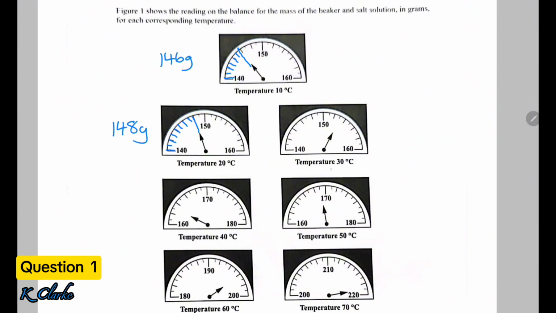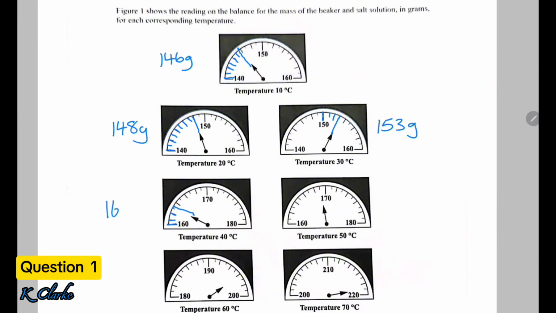Now moving along to 30 degrees Celsius. This is 150, 151, 152, 153. So that's 153 grams at 30 degrees Celsius. Now moving on to 40 degrees Celsius. So this is 160, 161, 162, 163.